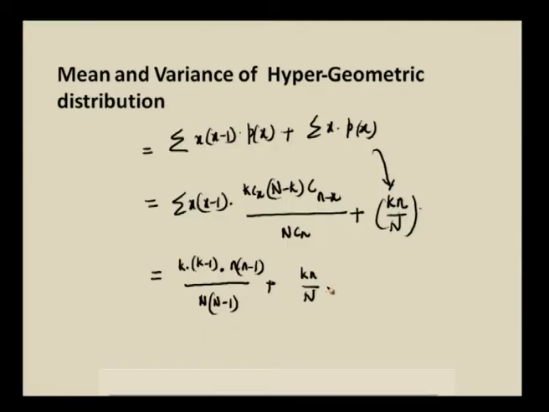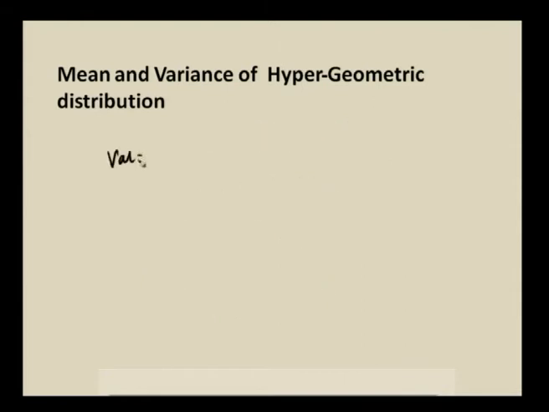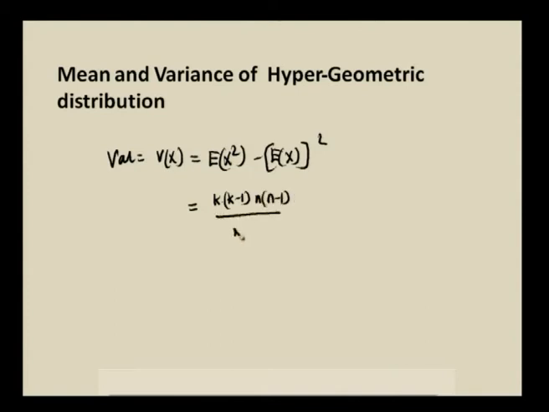Then we are going to find out the variance. So, what is variance? Variance is V of x equals expectation of x square minus expectation of x the whole square. So, writing the whole thing, k into (k minus 1) into (n minus 1) by N into (N minus 1) minus kn by N whole square. Okay.